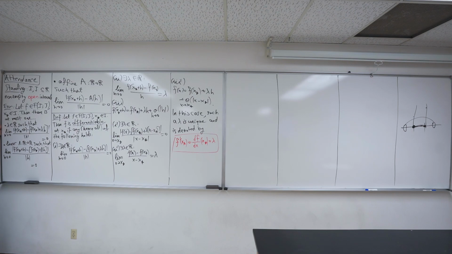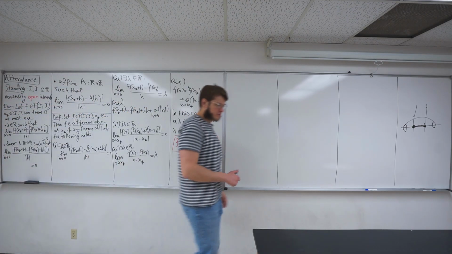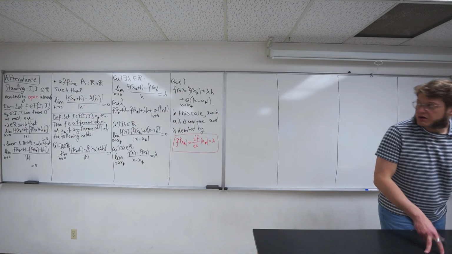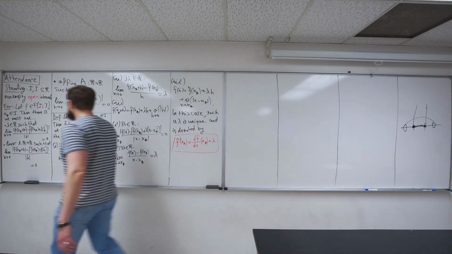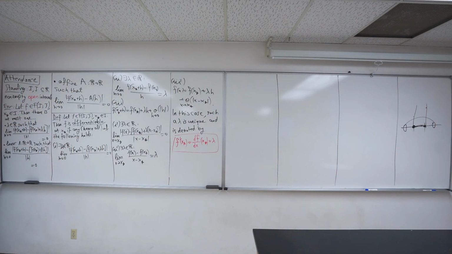So here's first an exercise. I take two intervals I and J, and some function from I to J. In principle, J could be the reals, but it doesn't need to be. And I take one point x star. I want to think about the differentiability of f at this x star. The exercise is that there's at most one number lambda such that the following limit holds: in the numerator you have the absolute value of f of x star plus h minus f of x star minus lambda times h, divided by the absolute value of h, as h goes to 0.